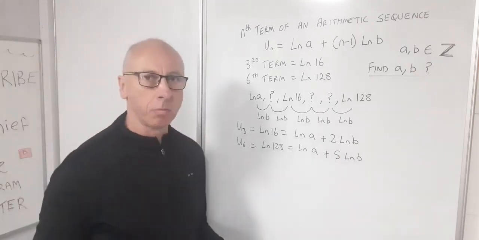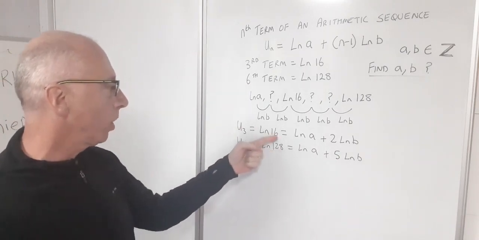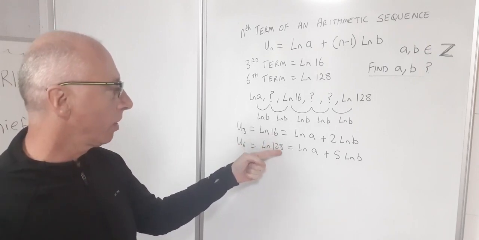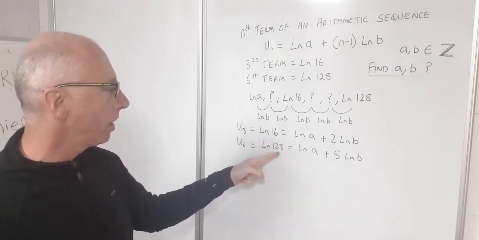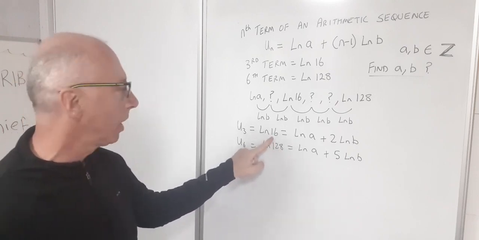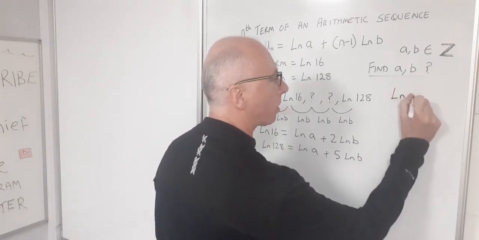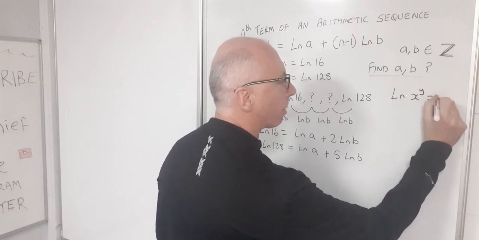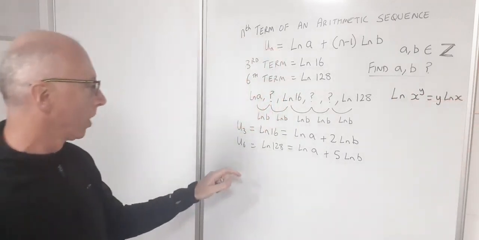So let's find the difference between these two values here. Now, let's work on the log property here. So log of 16 and log of 128. Well, these are all powers of 2. So for log of 16, we can use the log property: log of some value x to the power of y is the same as y times natural log of x.